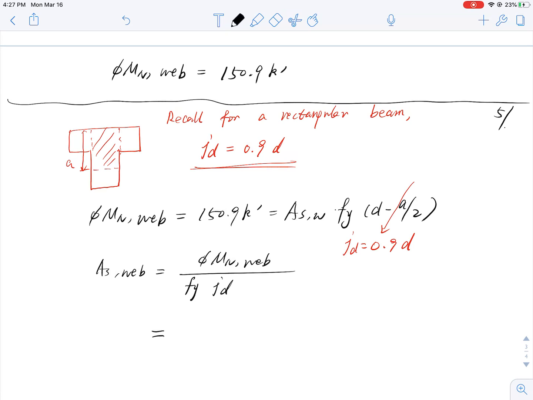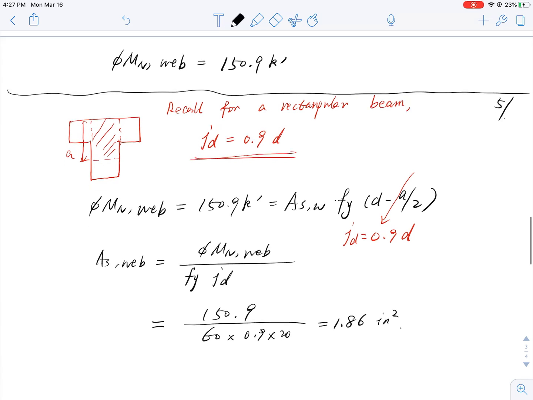I bring in the numbers: 150.9 divided by 60 ksi multiplied by jd, which is 0.9 times 20 inches. So I get 0.86 inch squared.